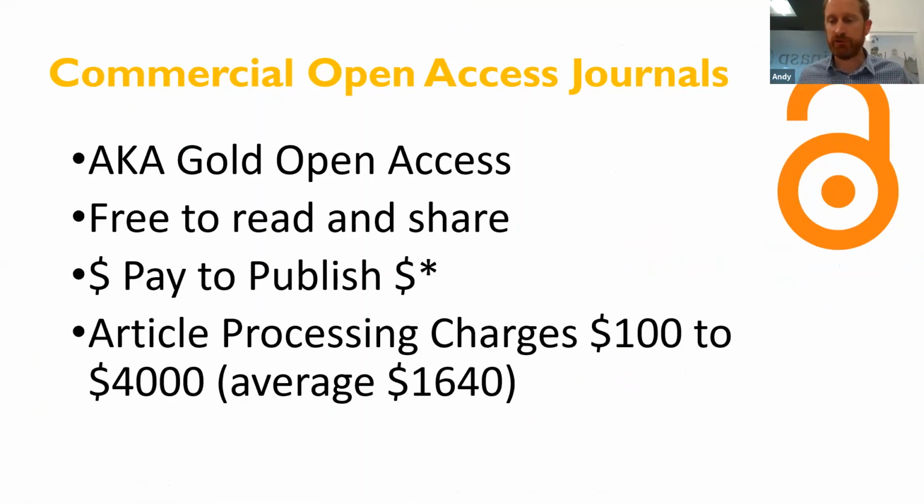So I sometimes refer to this as commercial open access. So it's obviously free for everybody to read and share and use the content in these journals. But unfortunately, again, it usually costs the author a fee to publish in these journals, and that can range from anywhere between $100 to $4,000. And the average is about $1,600 to publish in one of these gold open access journals.